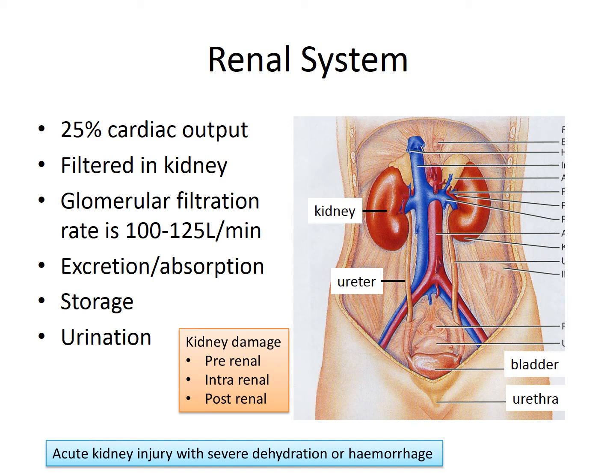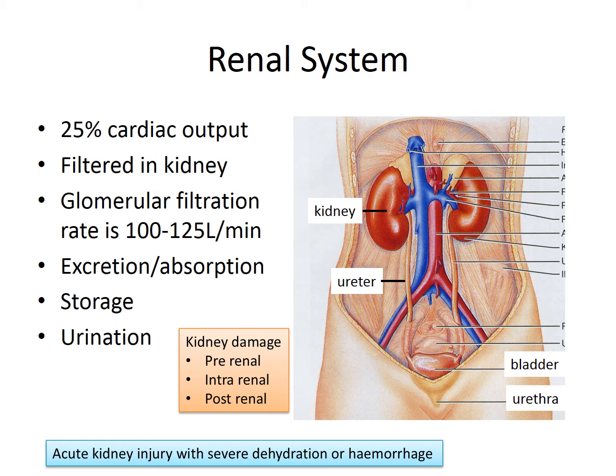If the urine is backing up into the kidney, perhaps it can't get into the bladder very well, but it's still being produced, it will back up the ureter and back into the kidney and cause kidney damage. So that's called post-renal. So there are three concepts that are often used in the context of kidney injury.